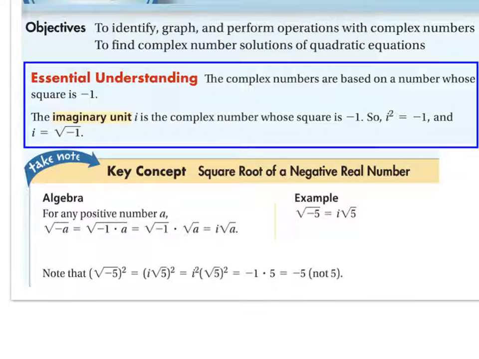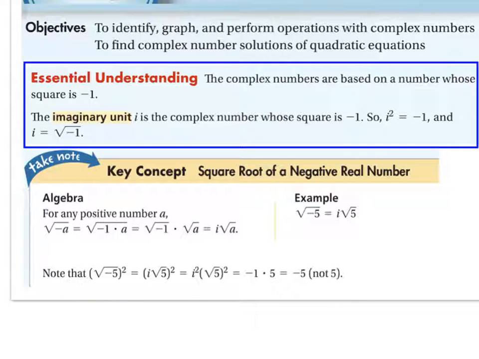So when we're talking about the square root of a negative real number, again here we're looking at a being a positive real number, the square root of negative a, what we do is we kind of reduce that radical per se. We pull out the -1 times a, and then we have the square root of -1, which is i.